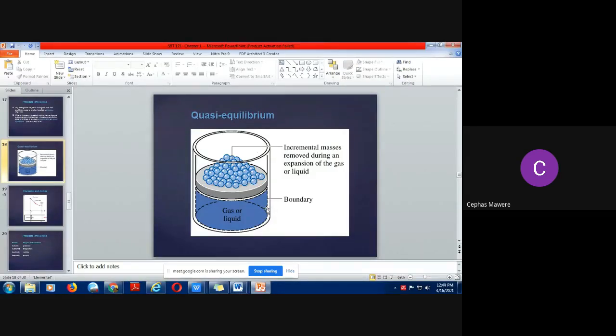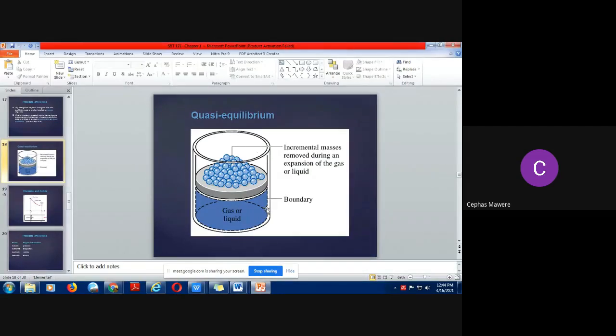So say for example, in this particular scenario, we are having a gas which is expanding. If it is expanding at a constant process, what is really increasing here is the volume. The volume of a gas is increasing as pressure builds against either a lid or any closing that will be there.